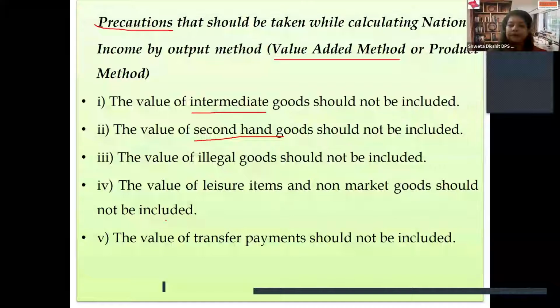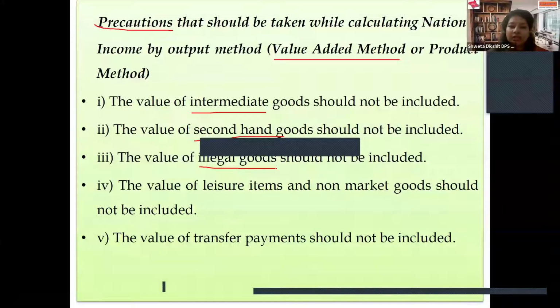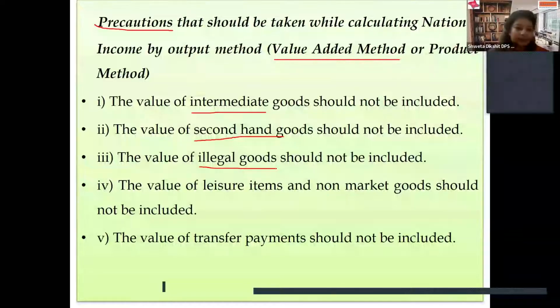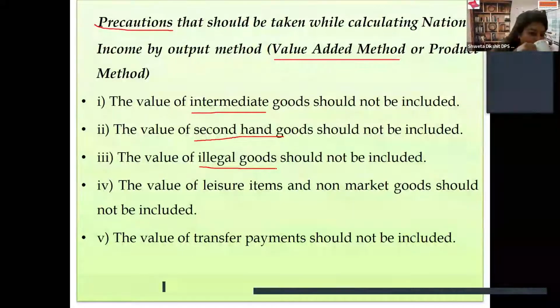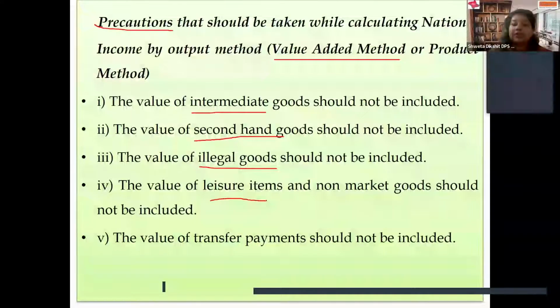That's it. Now, illegal purchases, smuggling, theft, robbery goods, and anything which is being sold after stealing or from the black market are not going to be part of national income. So illegal goods cannot be included in national income. Now comes the value of leisure items.